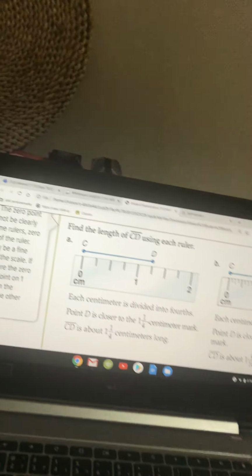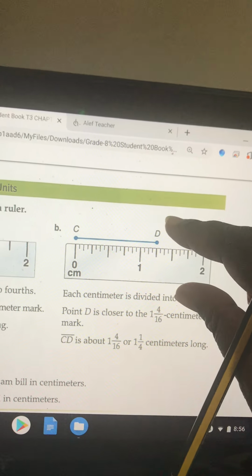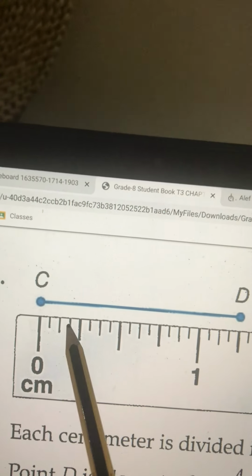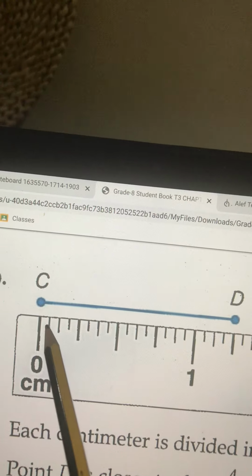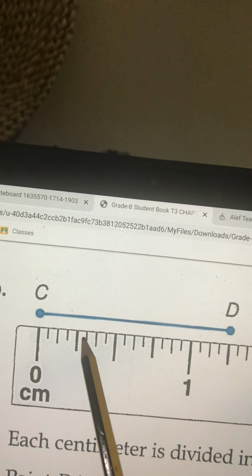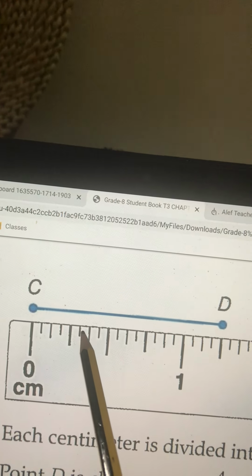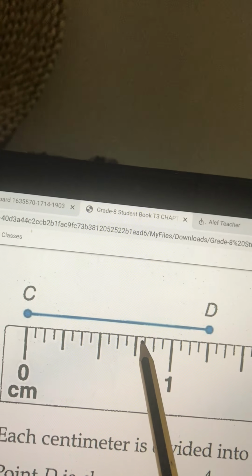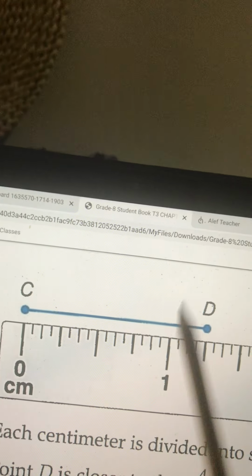All right, let's do this one, and that will be the last example I'm doing for measuring. I want to count how many spaces are between 0 and 1: 1, 2, 3, 4, 5, 6, 7, 8, 9, 10, 11, 12, 13, 14, 15, 16.